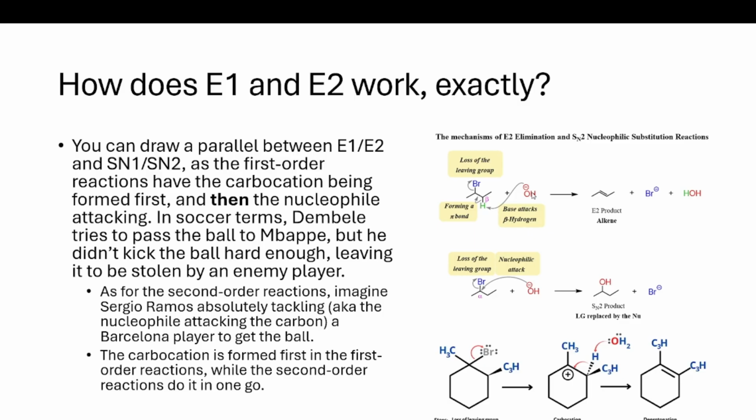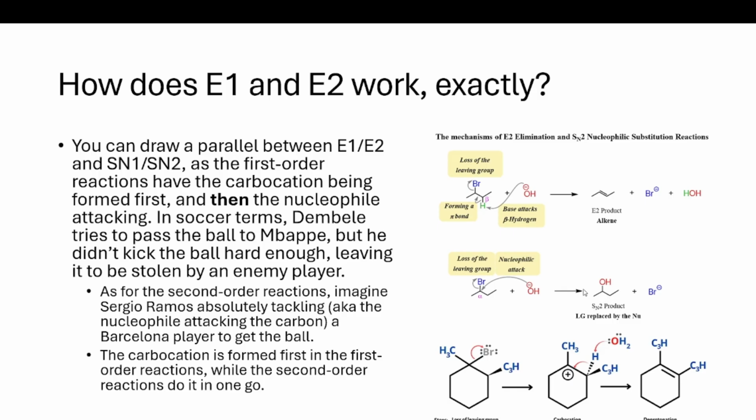This base, the hydroxide ion, attacks the hydrogen instead of attacking this bromine. And so we end up getting the bromine ejected, we get water, but we also get an alkene. And you can see how it compares to the SN2 reaction, where the hydroxide ion interacts with the bromine, directly leading to ejection.